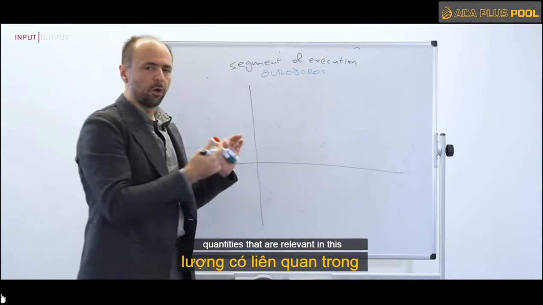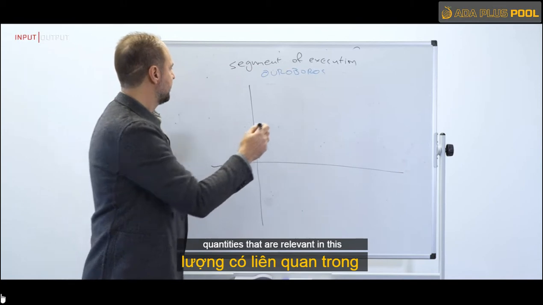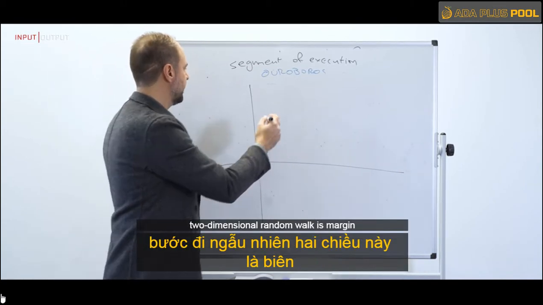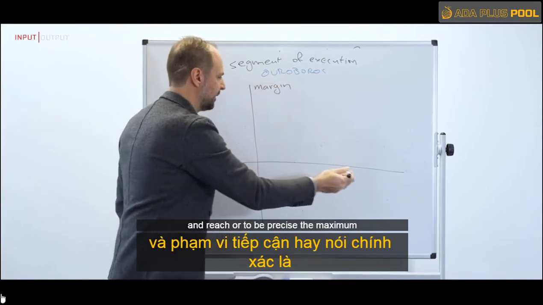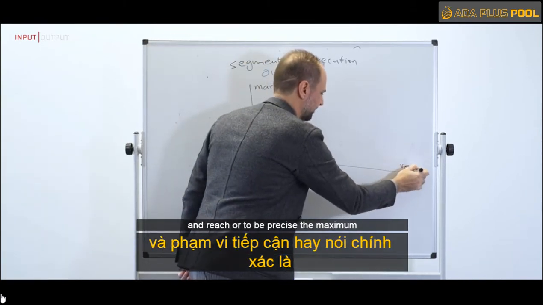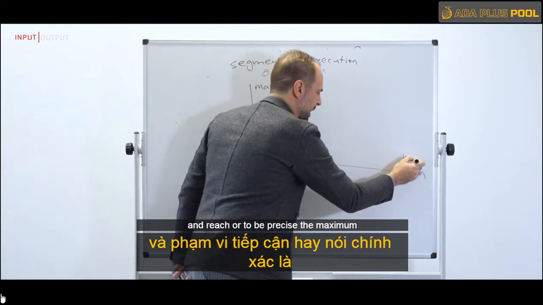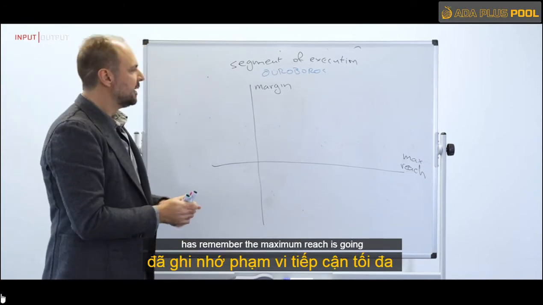So the two quantities that are relevant in this two-dimensional random walk are margin and reach. Or to be precise, the maximum reach that a certain execution segment has.